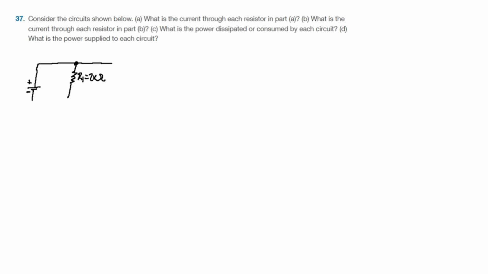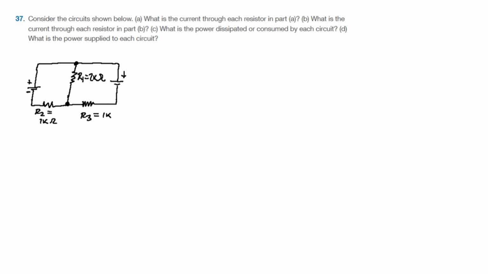And then there will be here another battery. And then we will have here another junction with another resistor here. And there will be another resistor here. This resistor is R sub 2 and is equal to 1 kilo ohm. And this one is R sub 3 and is equal to 1 kilo ohm.